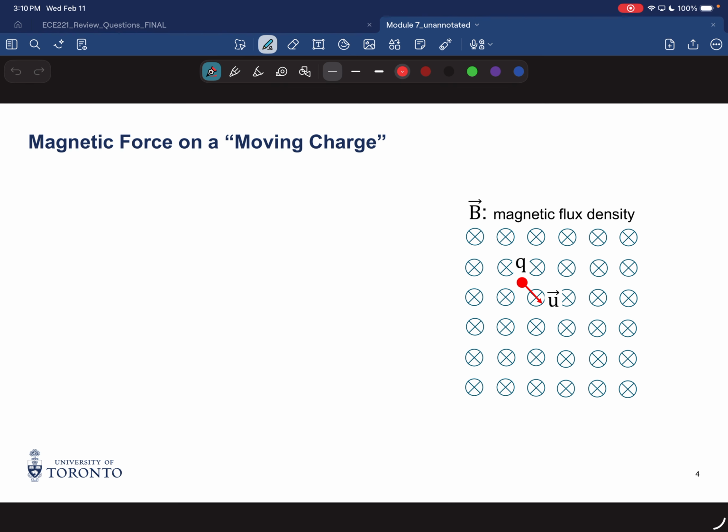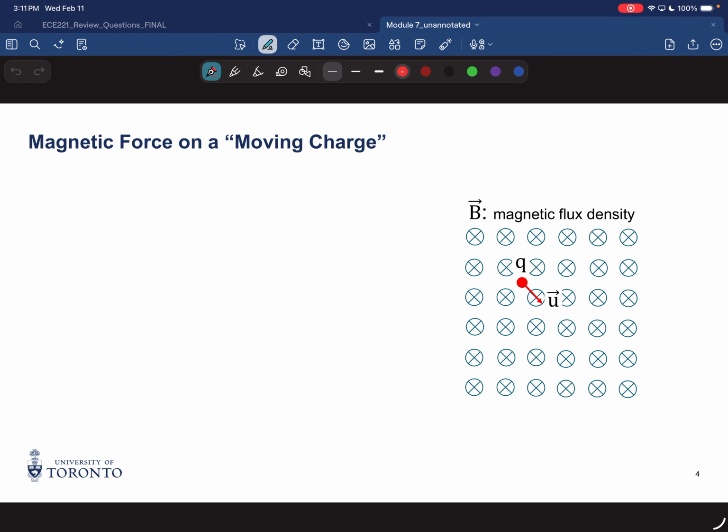Okay, so here, let's say you have a magnetic flux density that exists in space. Unlike electrostatics, where we were talking about electric field E all the time and then briefly talked about electric flux density, which was D, here it's a little bit reversed.